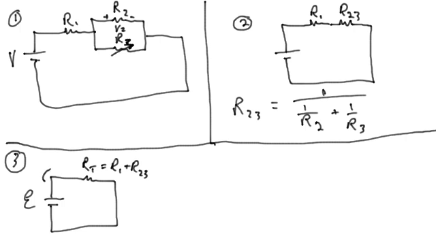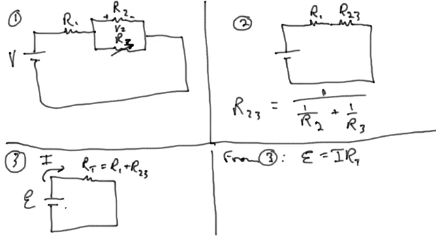I can calculate the current here. Looking at picture 3, we have script E equal to I times RT, because the potential difference between the terminals of RT is the voltage across the CWMF.